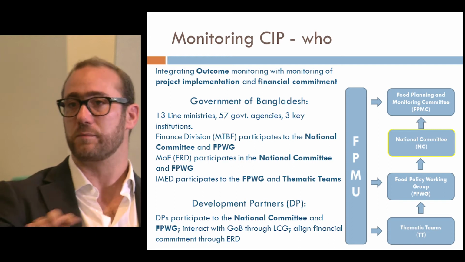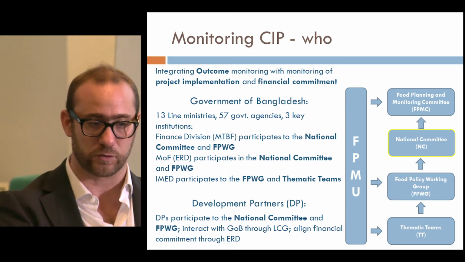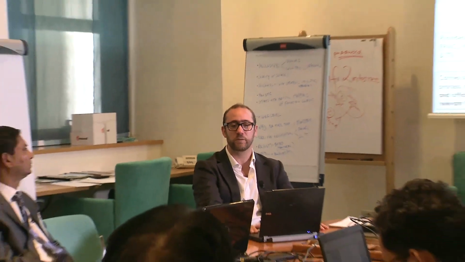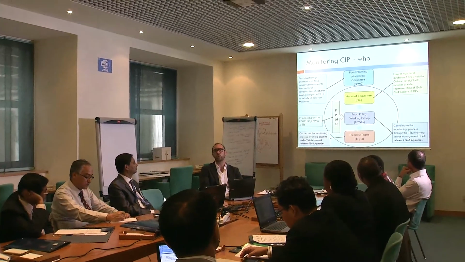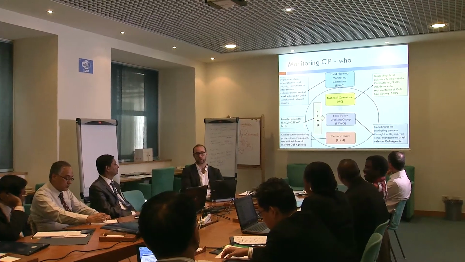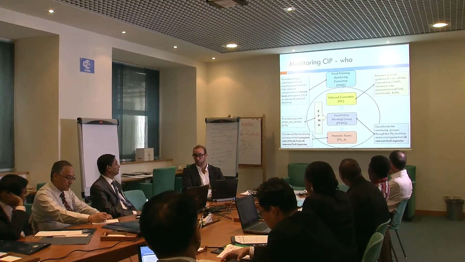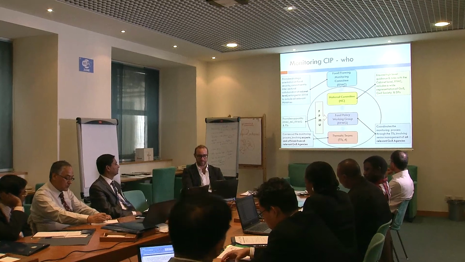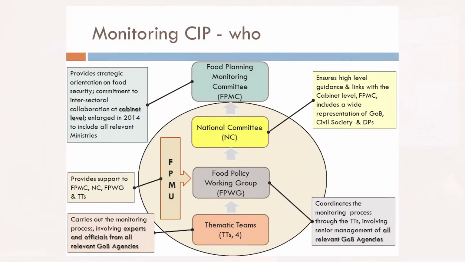This slide just describes a little bit more. You will have the handout, so no worries if you lose something now. But this slide describes a little bit more what the compositions are of the 4 different groups that intervene in monitoring the counter-investment plan.